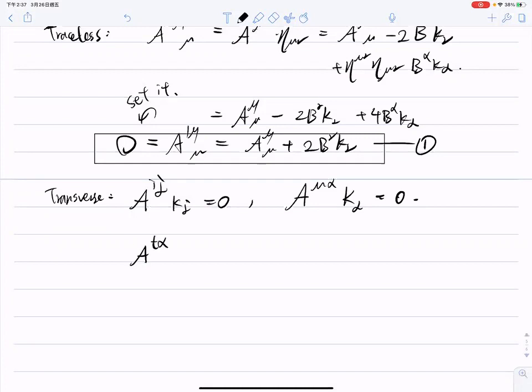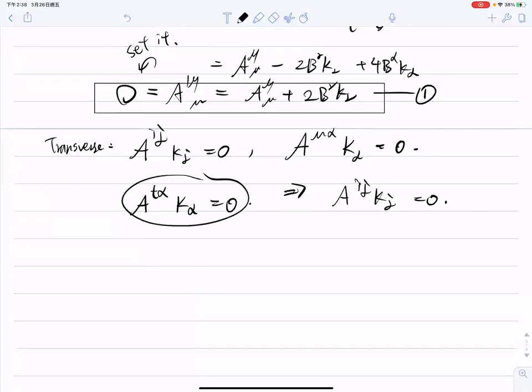The T alpha K alpha equals 0. And then it is easy to show A_ij K_j equals 0. And so we just calculate this and make it 0.